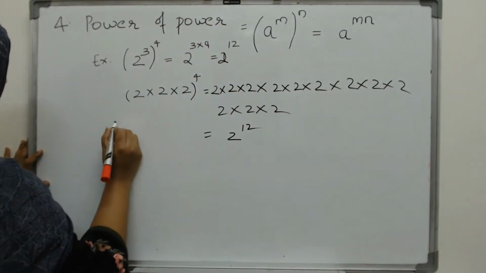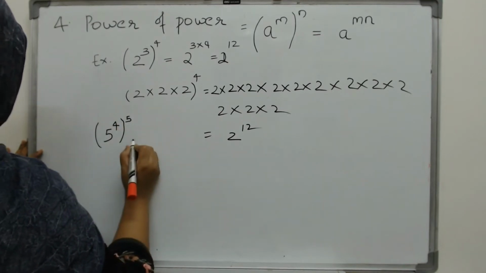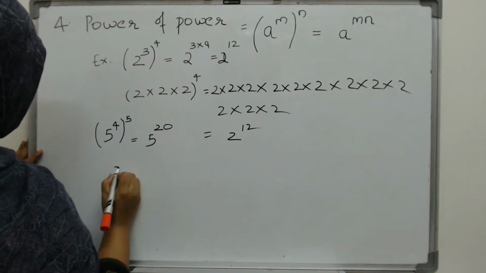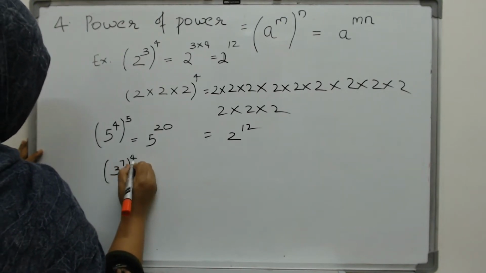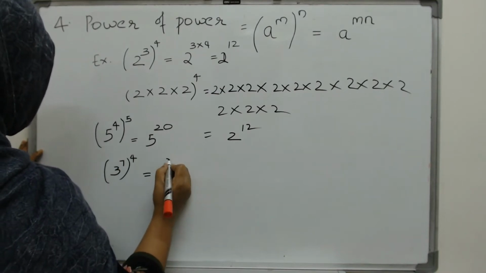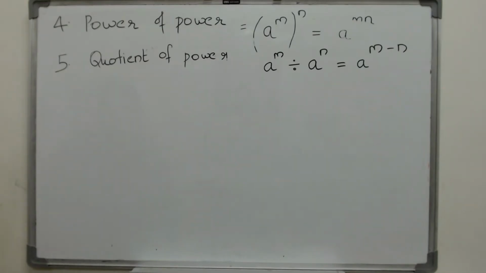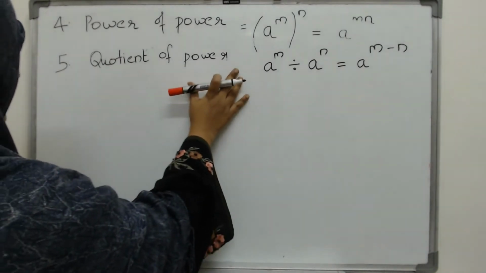Similarly, what would be 5 raised to 4, the whole raised to 5? That would be 5 raised to 20. And what would be 3 raised to 7, the whole raised to 4? That would be 3 raised to 28. Now let us go to the fifth rule, which is called the quotient of power rule.